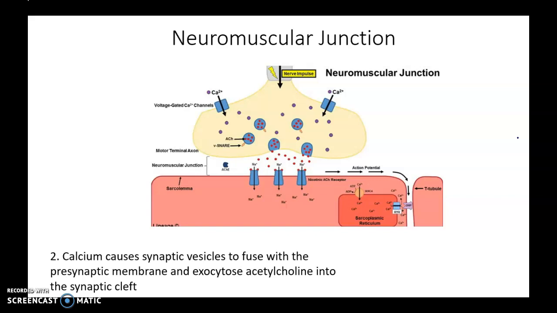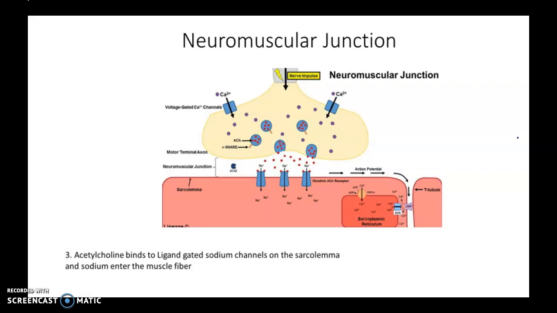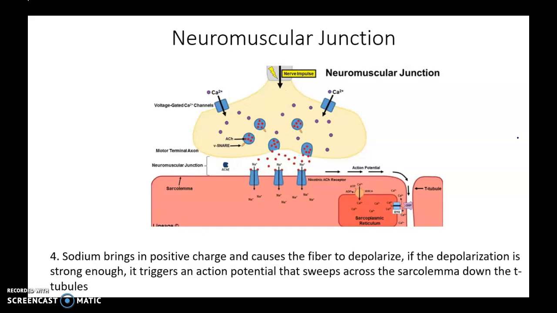Now you have acetylcholine, denoted by the red balls, in the synaptic cleft. The acetylcholine binds to the ligand-gated sodium channels, which are shown in blue on the sarcolemma, and opens up those gates. And therefore, sodium enters the muscle fiber.